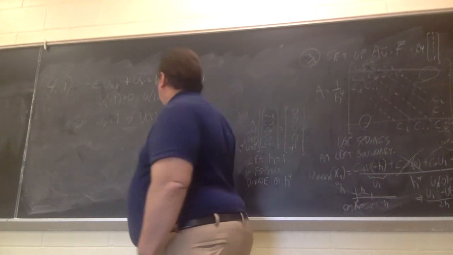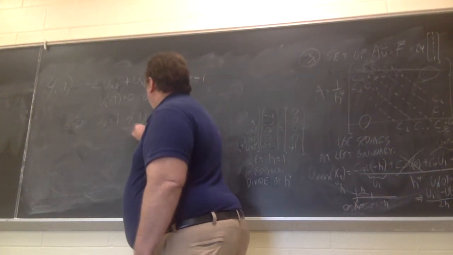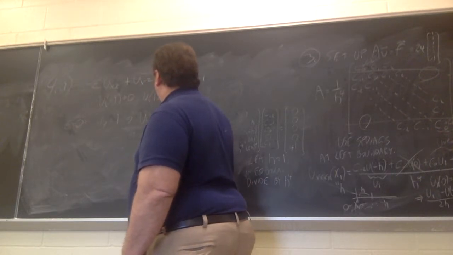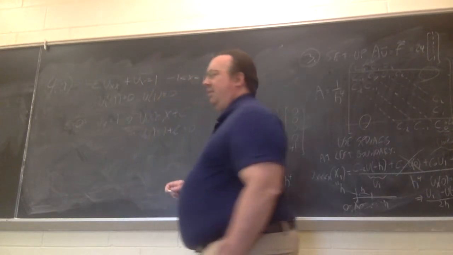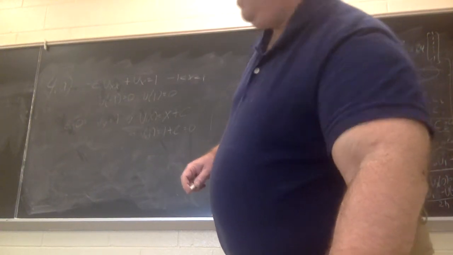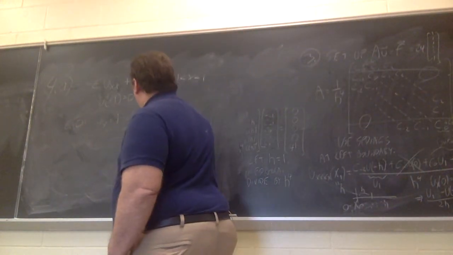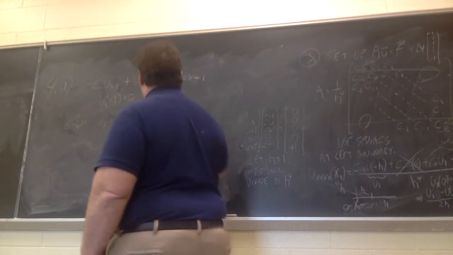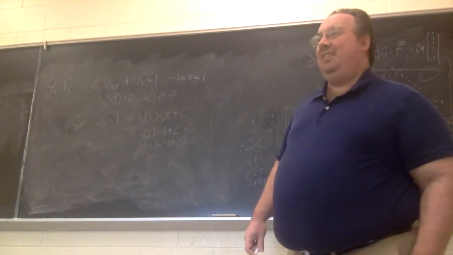Let's plug in x equal plus or minus 1. So u of 1, which is 1 plus c, must equal 0. So what's c? Negative 1. Now the other boundary condition, u of minus 1, is minus 1 plus c, which also equals 0. So c has to equal 1.